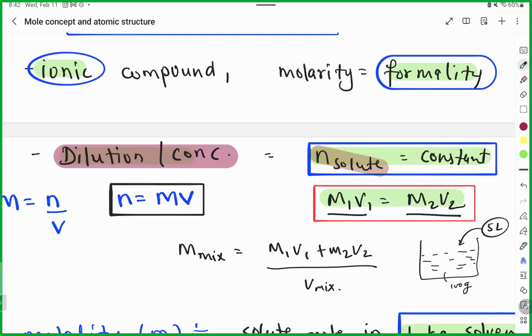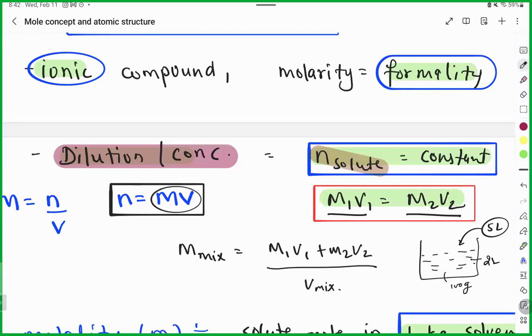Already you have 2 liter water and further you add 5 liter. What will happen? The amount of the substance, meaning the amount of your sugar, remains the same. So it means the moles will remain the same. What will change? Molarity will change. Volume will change. What remains the same? The number of moles. That's why number of moles equals molarity into volume, which will remain fixed.